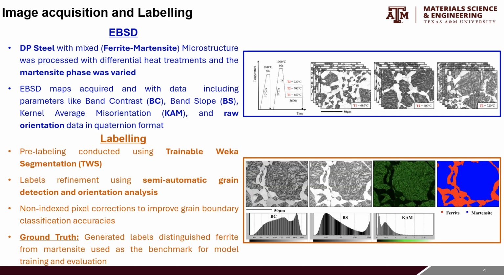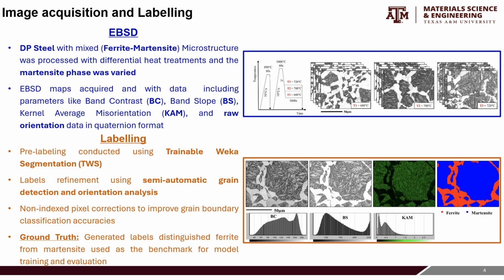And then labeling was conducted using the trainable Weka segmentation. The idea behind the refinement was to utilize semi-automatic grain detection and orientation analysis, and individual pixels were corrected to improve the efficiency and accuracy of the classification.